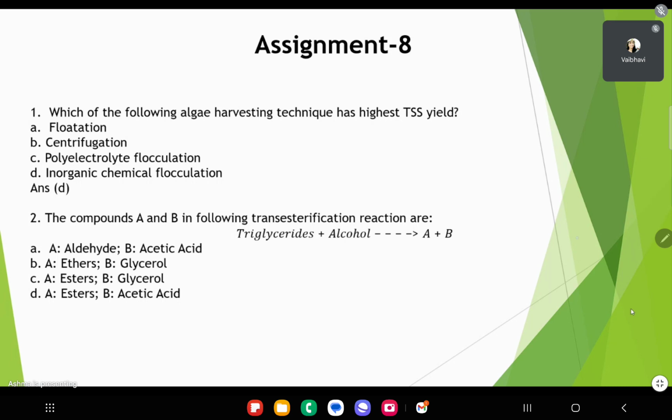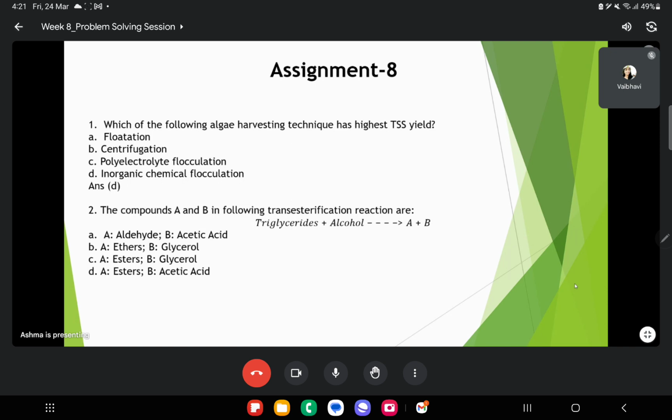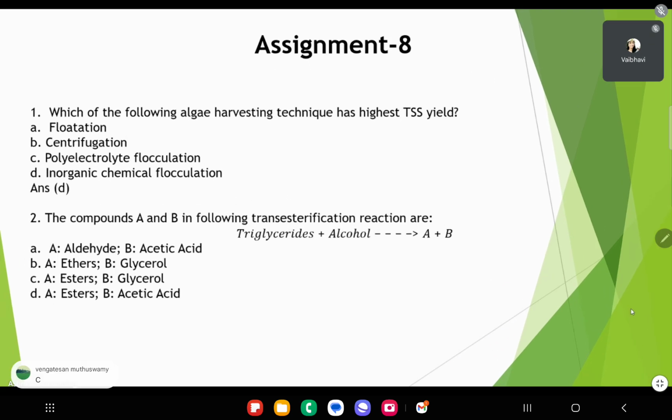I request everyone to please participate and write your answer, because day after tomorrow you have exams, so it will be a revision for you all. So just write your answer. I got one answer.